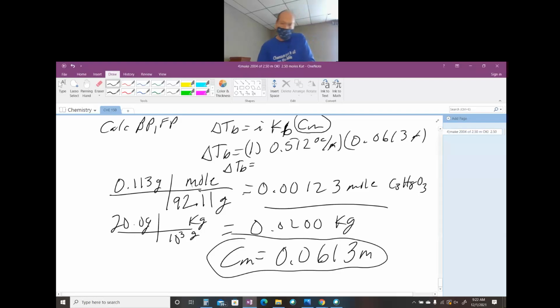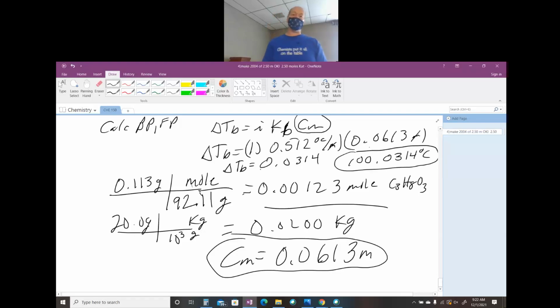So you got a 0.0314. And so the boiling point is 100.0314 degrees Celsius. So you have a boiling point elevation. It went up by 0.0314. Right. If it's a different solvent, then it has to give you the boiling point, and then it goes up from that.